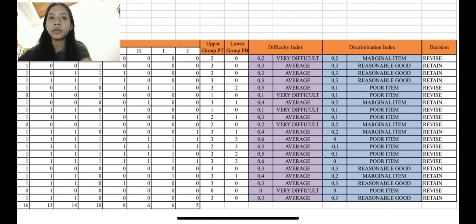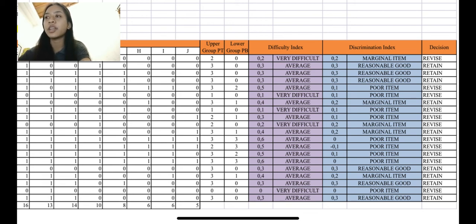And item number 11, it is included to be average. Also item number 11 until 18, it is included to be an average item, but the discrimination index is different. Number 11 is included to be a marginal item because the discrimination index is 0.2, and we need to retain it.